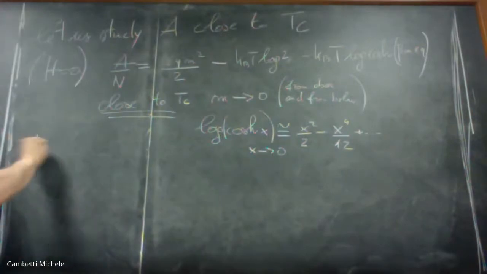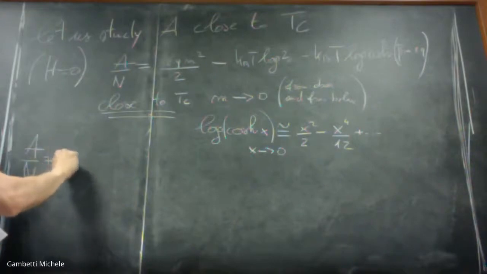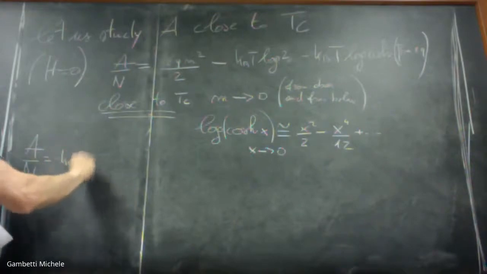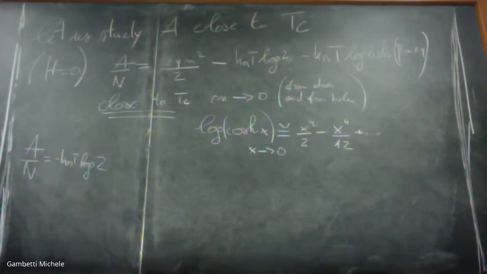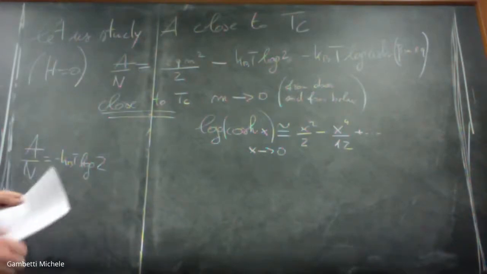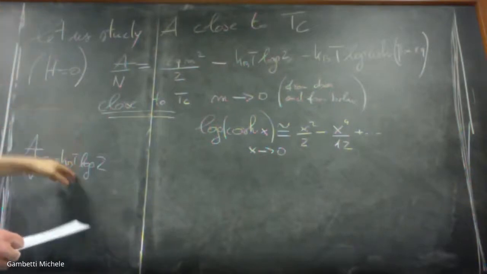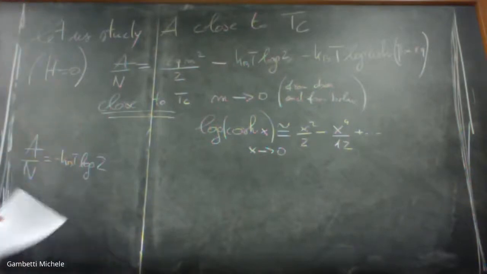So A divided by N is minus k_B T log 2, which is not very important actually, it's just a shift. When I do a plot of A divided by N as a function of m, it's just a shift, so it's not very important.